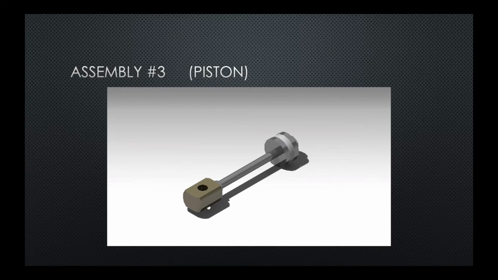And here we see the third assembly, the piston assembly, which consisted of a piston head, a rod, and a crankshaft bearing.